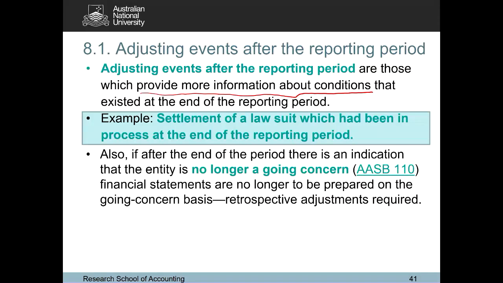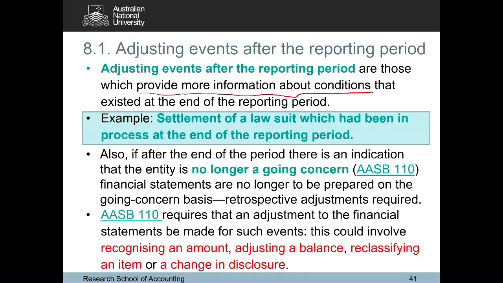And if after the end of the period there is an indication that the entity is no longer a going concern, you also need to change retrospectively, because everything you have prepared for the reporting period was based on going concern. Now it's liquidation based, so you need to change that. This is also adjusting.